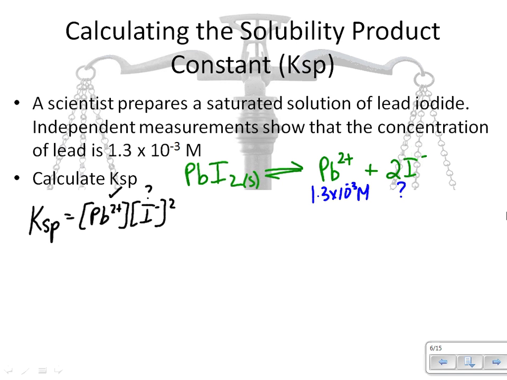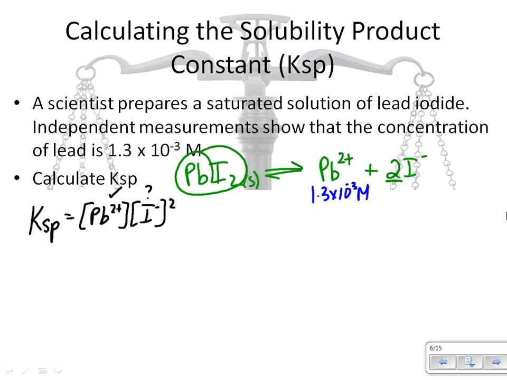If you want, you can fill in a nice chart, but a lot of you might see, based on your balanced chemical equation, that you have 2 iodide ions for every 1 lead iodide that breaks apart.